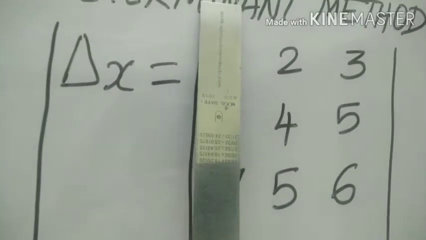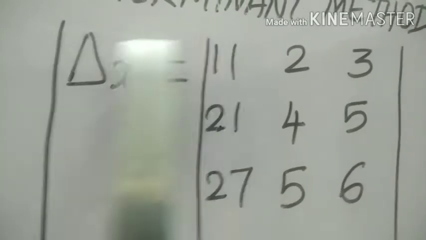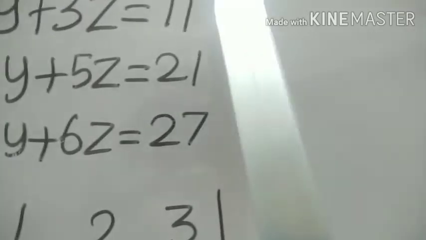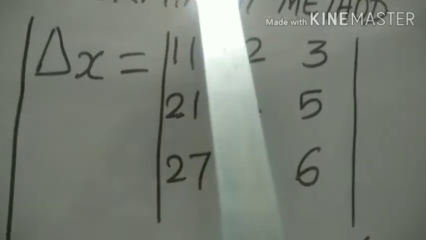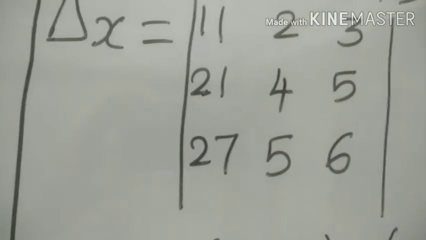My second step is to write del x. To write del x, first column, the x values replaced by RHS. What is RHS? 11, 21, 27. So the RHS we write for del x as the first column. And then y, z we copy as it is.